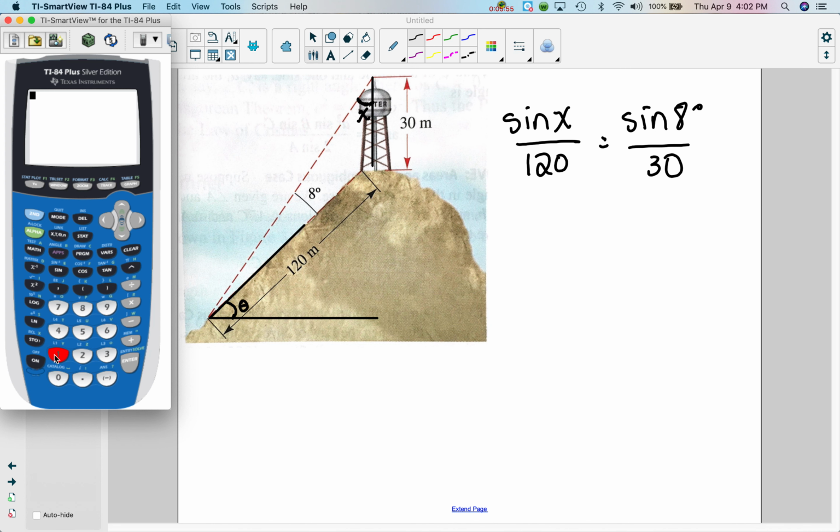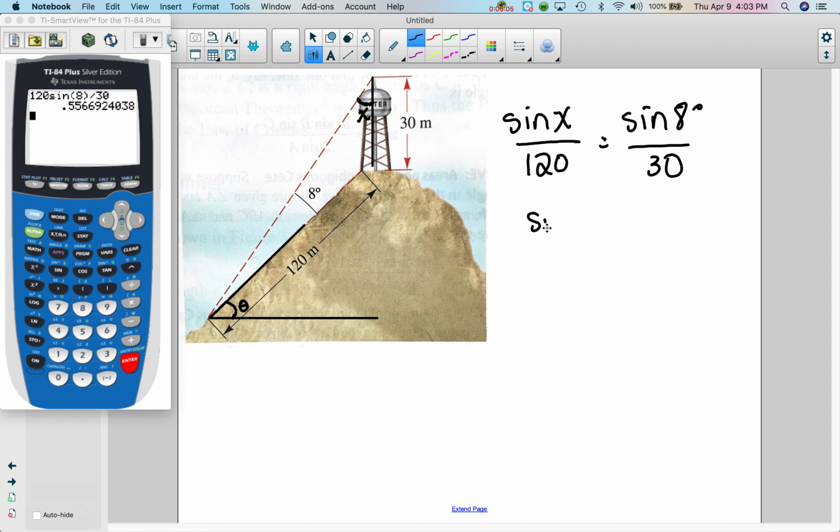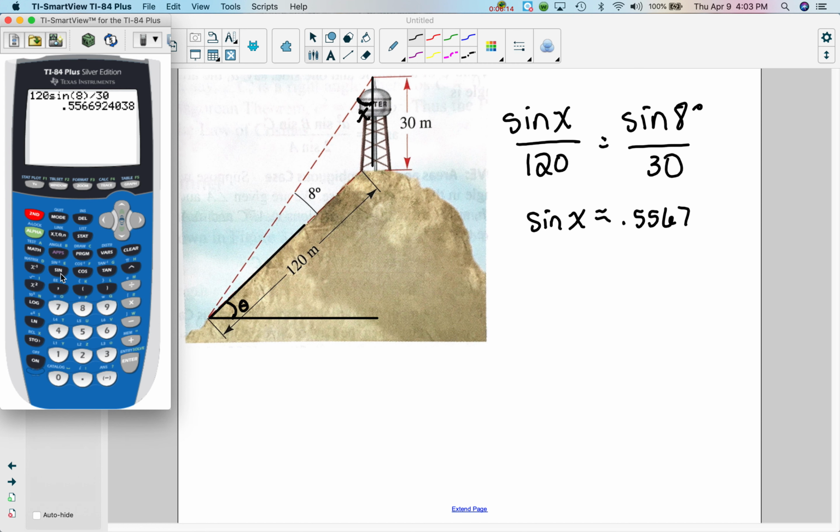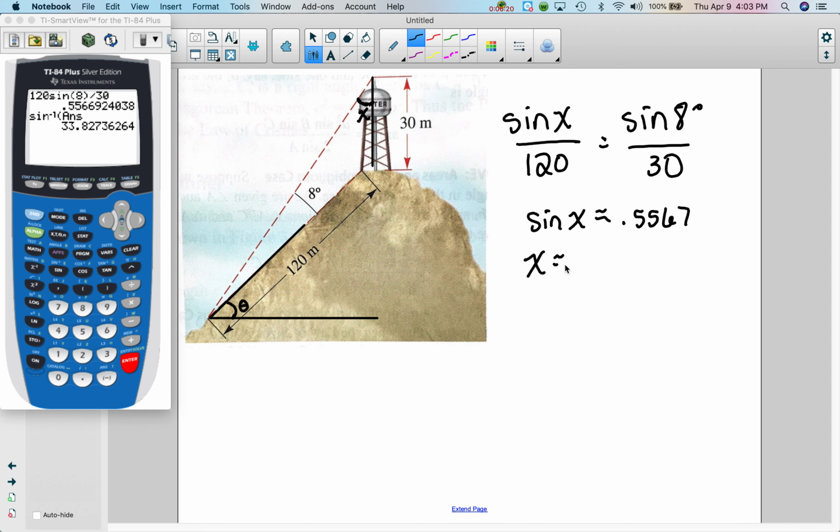So if we take 120 sine 8 divided by 30, I get sine x is about 0.5567, but I want x, not sine x, so I have to do inverse sine of my previous answer, and I get x is about 33.8 degrees. So that's this part right here.